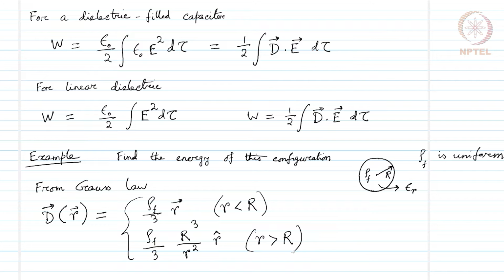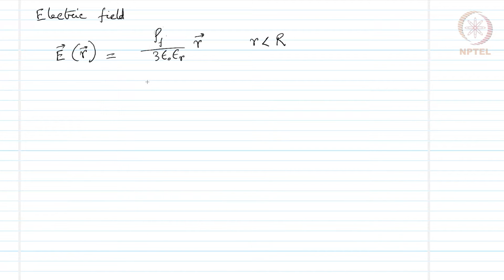Once we have the displacement vector, we can find the electric field. So, the electric field would be given as this within the sphere and this outside the sphere.